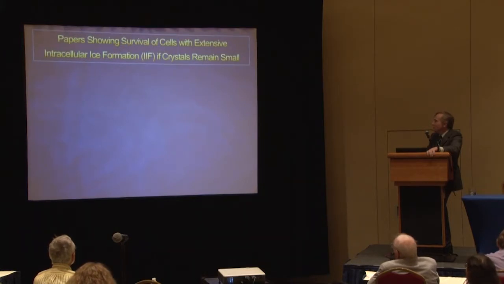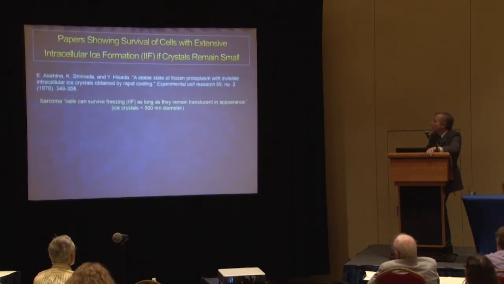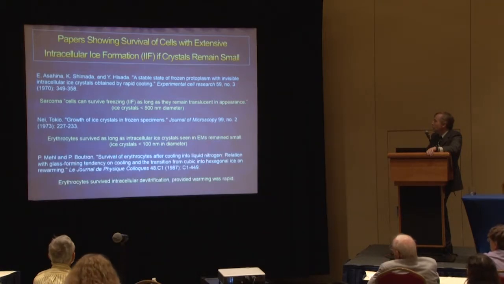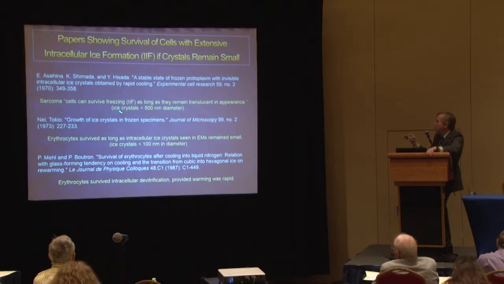So what does this have to do with cell survival? There's a variety of papers I found, I haven't even included them all on here, that have shown that cells can survive intracellular ice formation if the intracellular ice crystals are small enough. And these were generally electron microscopy studies. This one found the ice crystals had to be smaller than 500 nanometers, this one smaller than 100 nanometers.